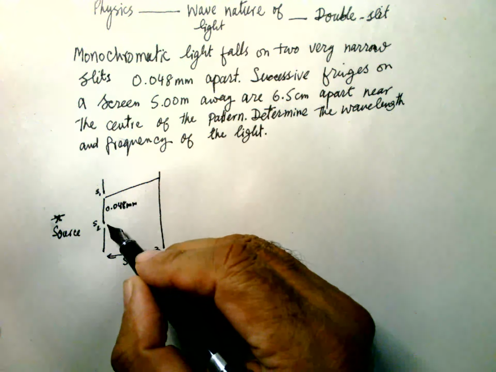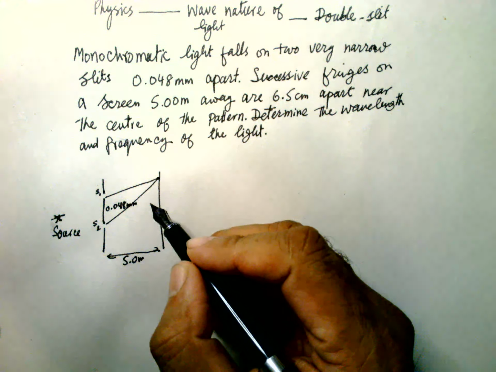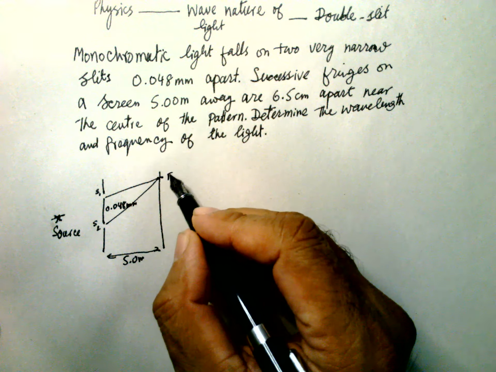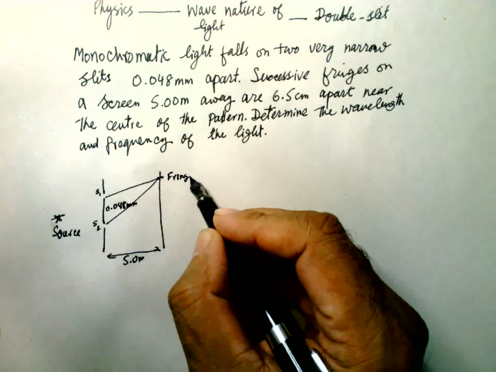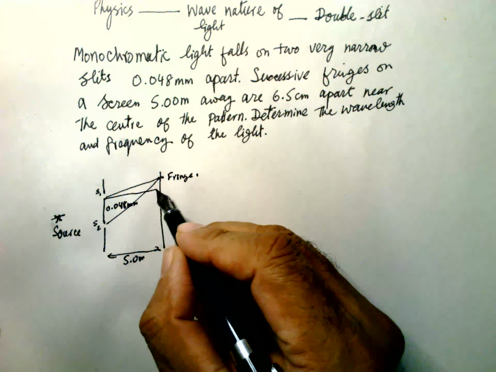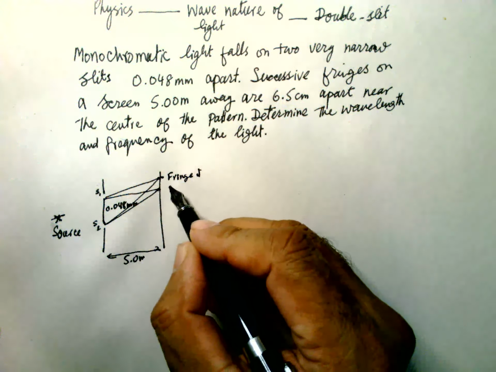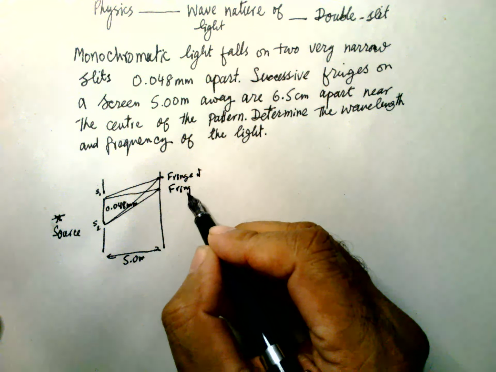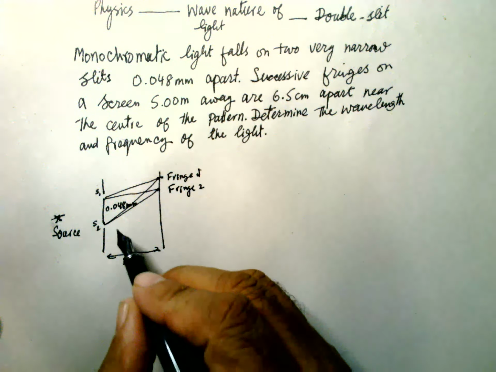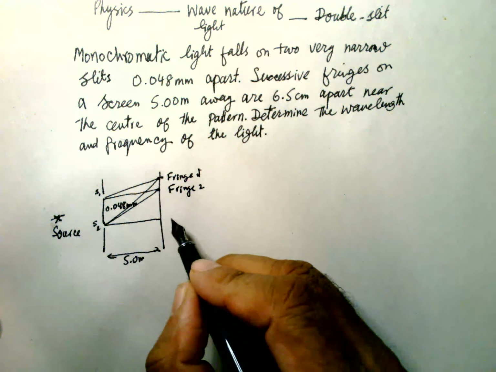So this is fringe 1, and there is another fringe. This is fringe 1. This is fringe 2. This is the center.